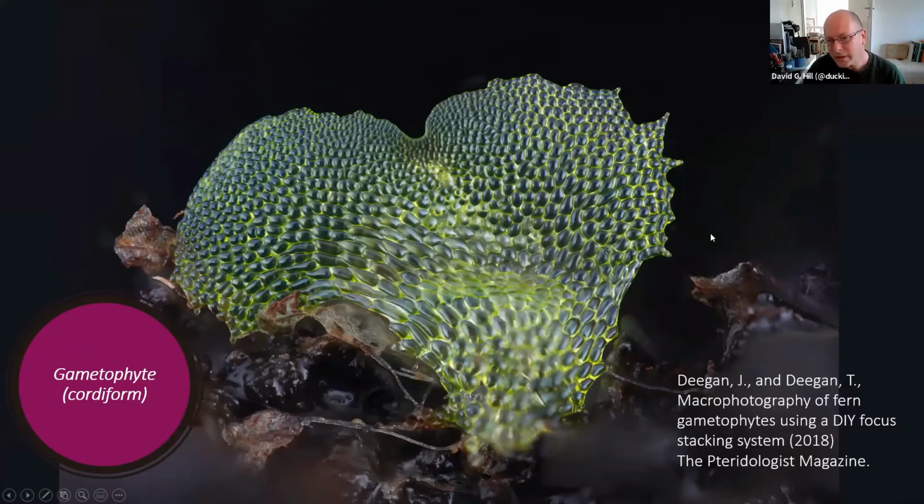And when a drop of water lands on this, the sperm will swim out from underneath, and hopefully they'll find another, neighboring gametophyte, and they will swim through the water following a chemical gradient to the archegonia, the female structure, swim up to the zygote, and complete the life cycle.